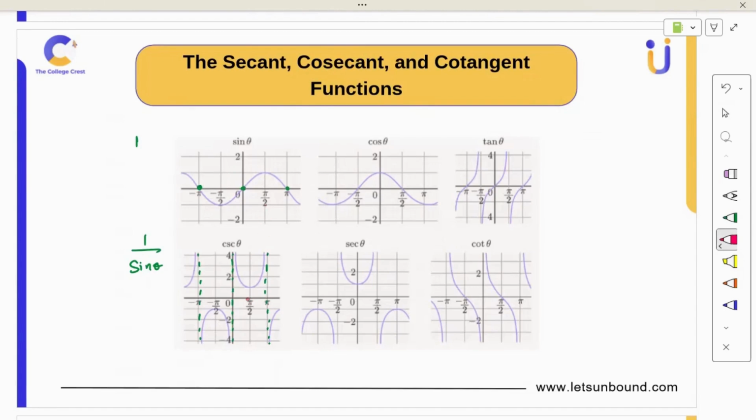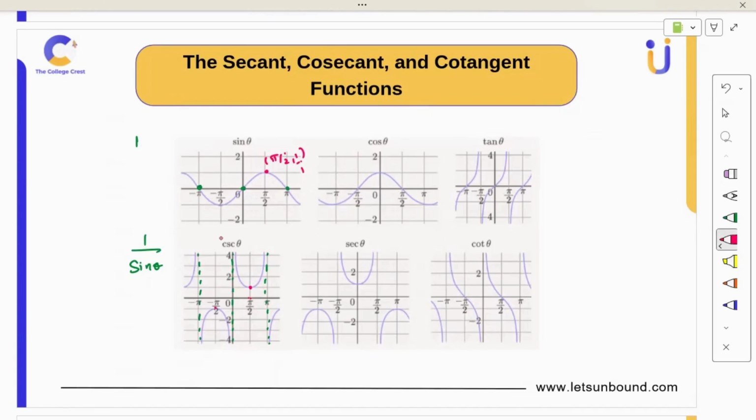You see here at pi by 2, your sine is maximum, and the cosecant is relatively minimum here. It's just the reciprocal, like pi by 2 comma 1, so when you reciprocate it, it's pi by 2 and 1 by 1 is still 1. So it doesn't matter.